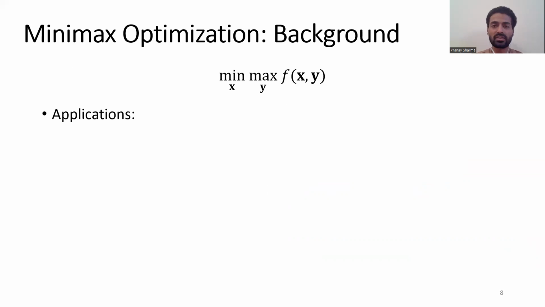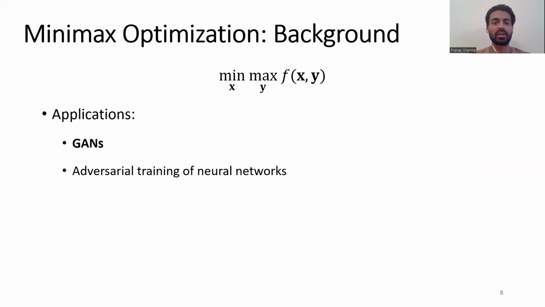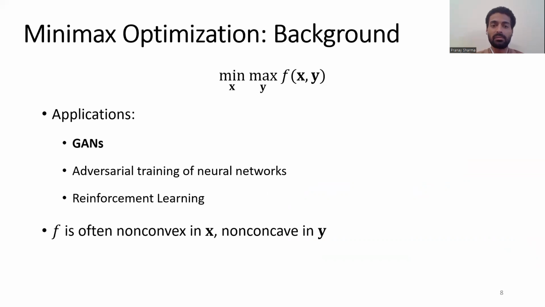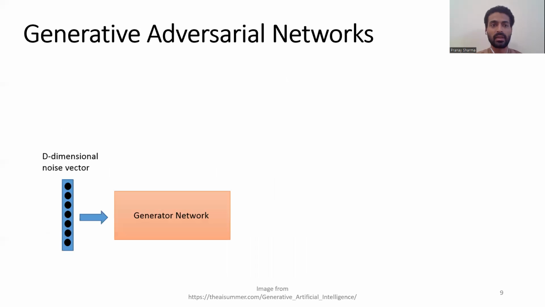And some of the applications of min-max optimization are GANs, adversarial training of neural networks, and reinforcement learning. In many of these modern applications, f is often non-convex in x and non-concave in y, which makes the problem even more challenging.